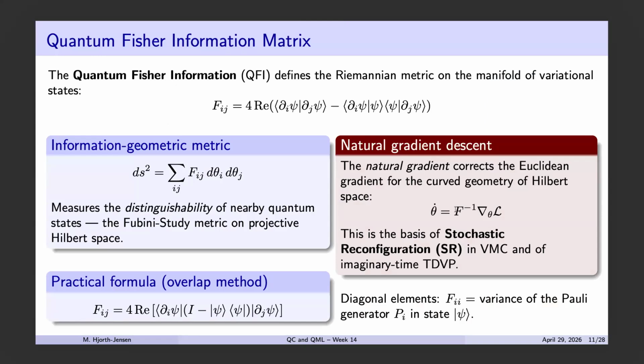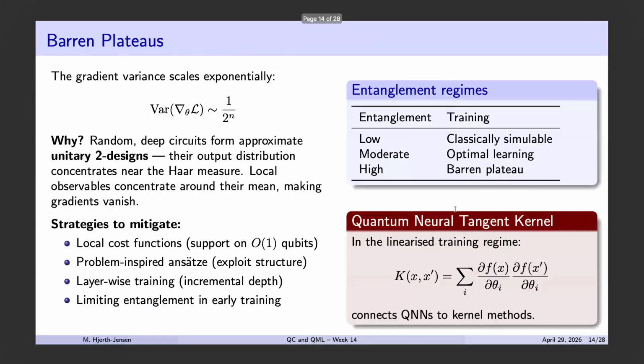This is a way to mimic something which looks like what you have in a classical optimization problem, with quantum mechanical systems, where you can use a method called stochastic reconfiguration. If you're not familiar with that, some of you may have taken a course in many-body physics on Monte Carlo methods, and then you have encountered stochastic reconfiguration.